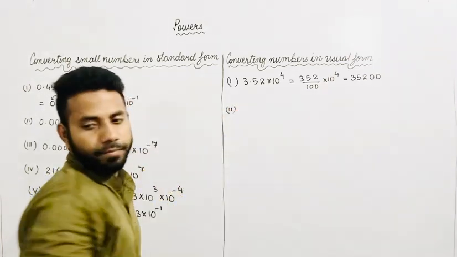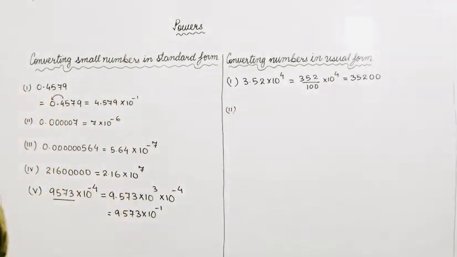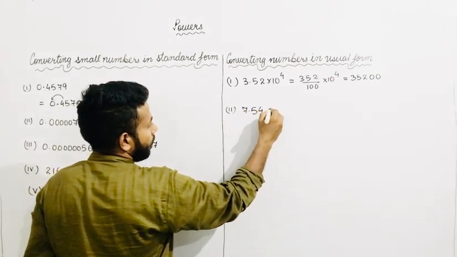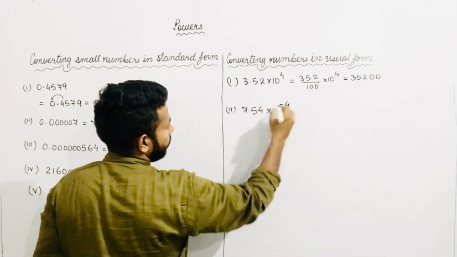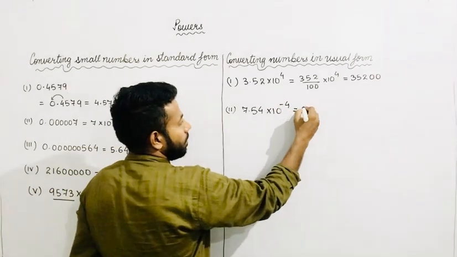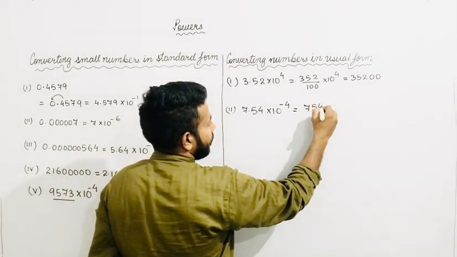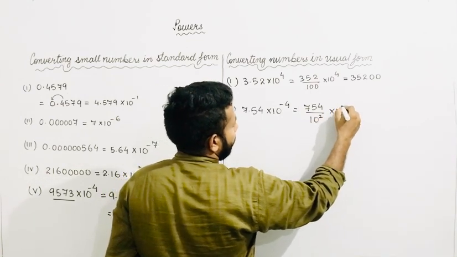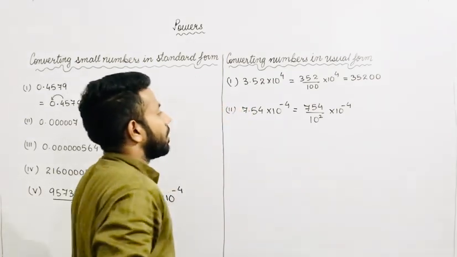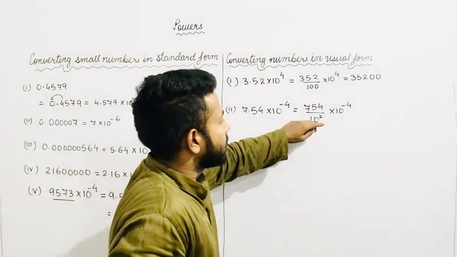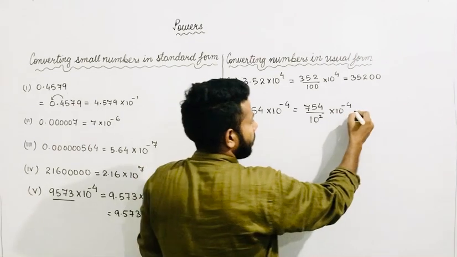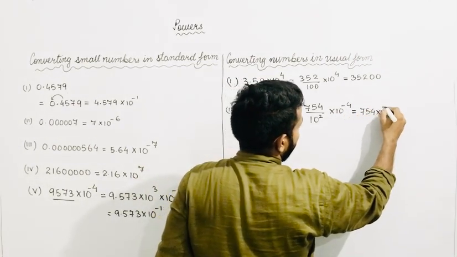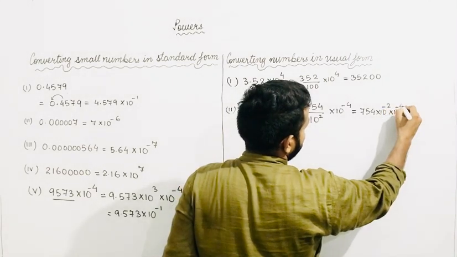Now second. 7.54 into 10 to the power minus 4. It becomes 754 by 10 to the power 2 into 10 to the power minus 4. When 10 to the power 2 goes up, it becomes 754 into 10 to the power minus 2 into 10 to the power minus 4.